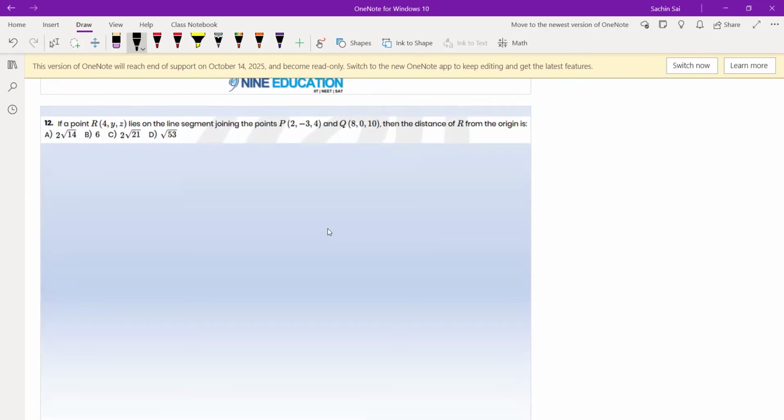Question 12. The point R lies on the line segment joining these two points and the distance of R from the origin is asked. So what is the necessary condition for three points to be collinear? Because R lies on the line segment joining P and Q. Let us say this is P, this is Q, R lies on this line segment. So when will that happen? It will happen when the three points are collinear, right?